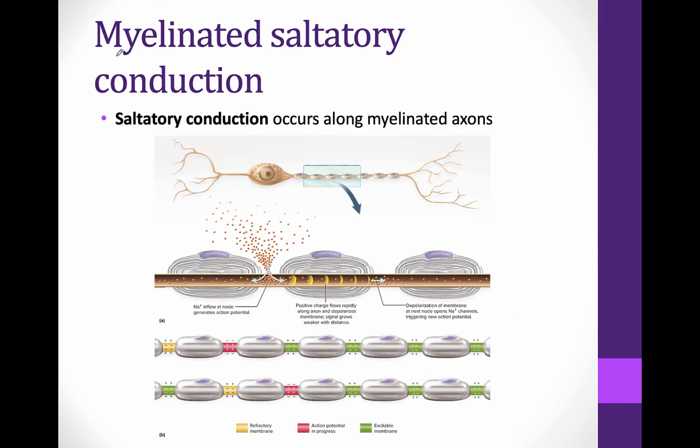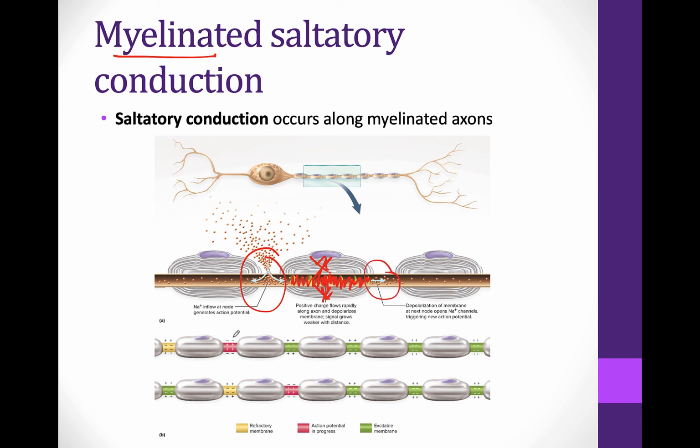When an axon is myelinated, this conduction goes faster. So the action potential happens here. But because this is myelinated, no sodium or potassium are going to be able to escape. They can't get out. That myelin is covering it. So the next place that the action potential can occur is right here.